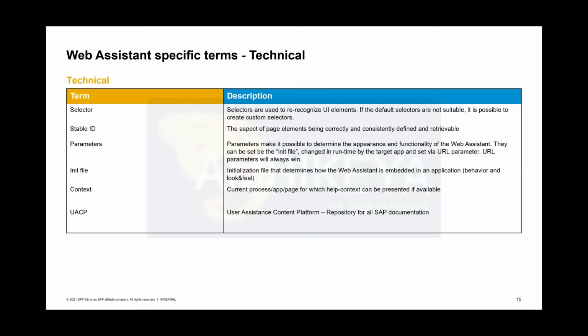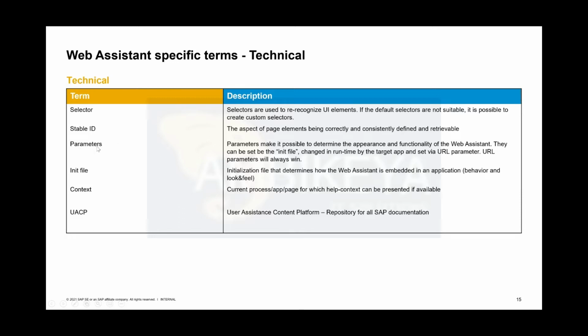And the next day you start your browser again and come to the same page and your button is still called btn_1. There are lots of scenarios where this is not the case, where button 1 is called button 2 the next day, which obviously leads to the fact that Web Assistant will not be able to find it anymore. Let's talk about that in a second as well. Yeah, so I just want to clarify the terms because we are using them consequently.